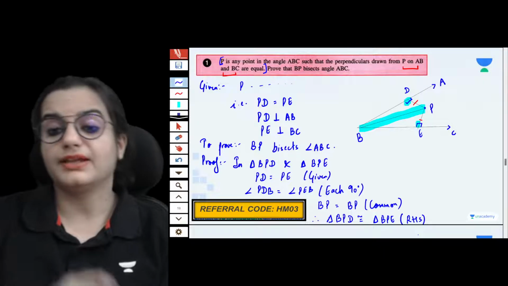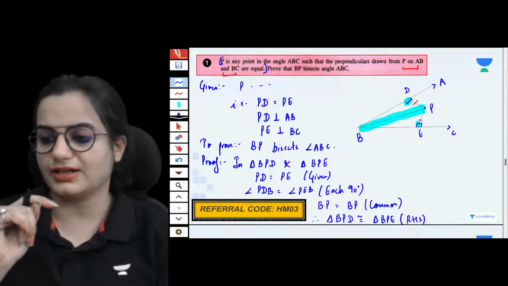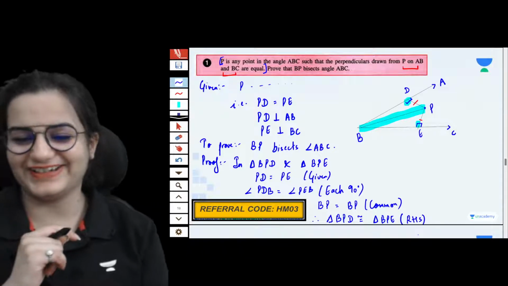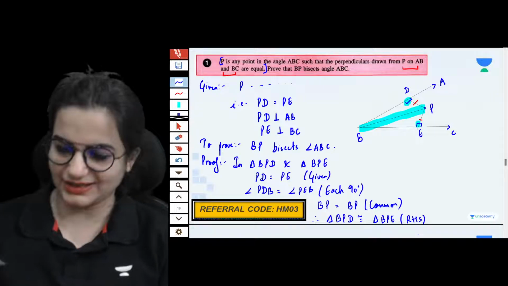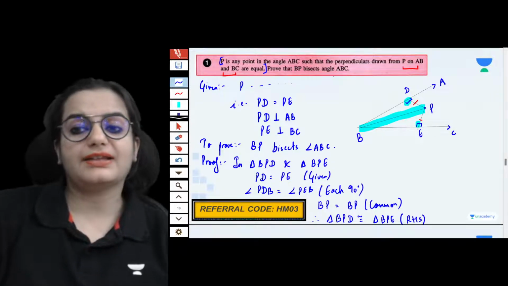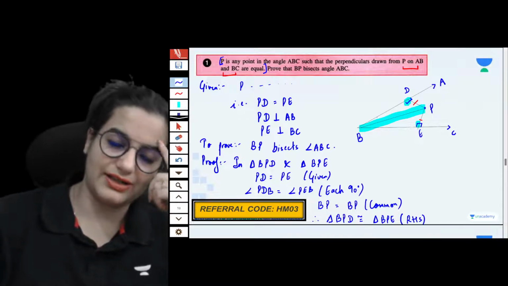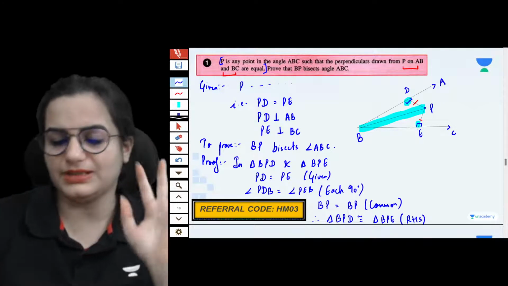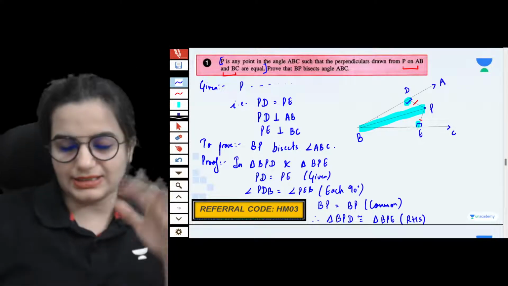क्लियर हुआ यहाँ तक. Now the next part, हमें बेसिकली प्रूफ क्या करना है. BP जो है वो bisect कर रहा है, ठीक है. Now BP bisects angle ABC. So beta, if two triangles are congruent, I really don't remember that मैंने ये आपको CPCT बताया था या नहीं, बताया था लास्ट क्लास में, but कोई बात नहीं, I can tell you right now.